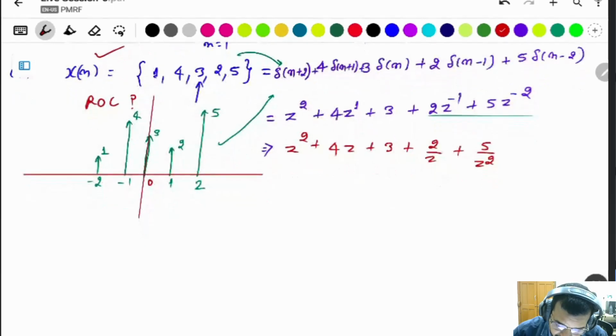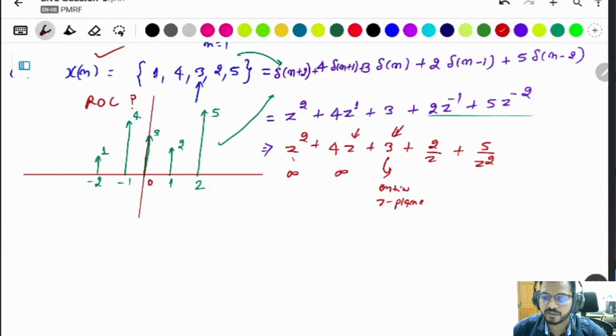Okay. If you put infinity here, then what happens? The whole function will be infinity. This one also, if you put infinity here, the whole function will be infinity. If there is no Z term, then you can say the entire Z plane is the ROC.